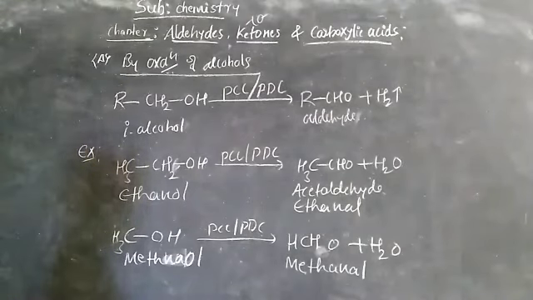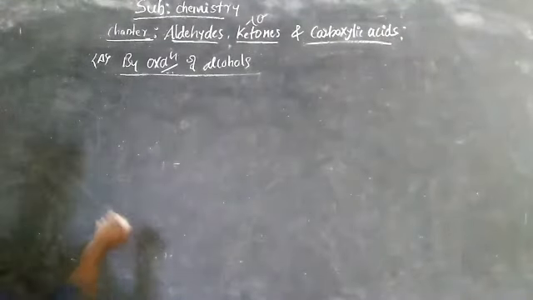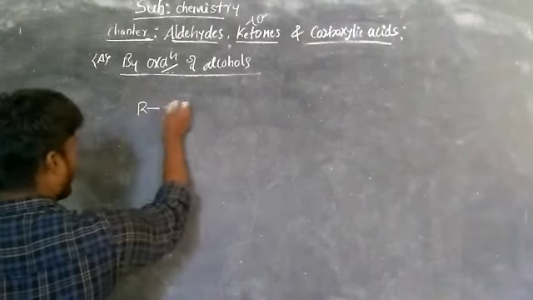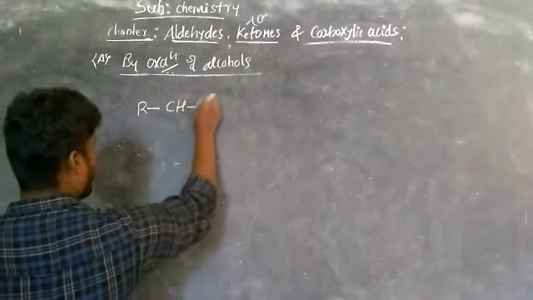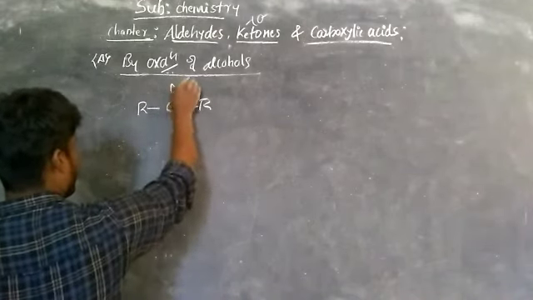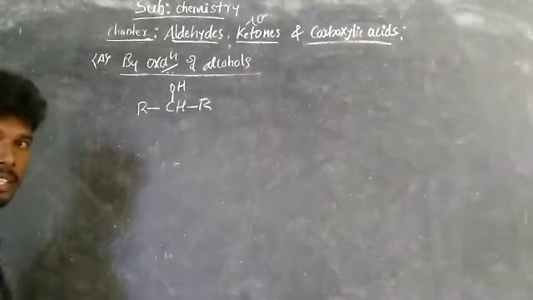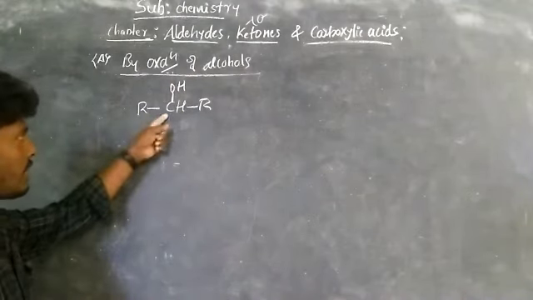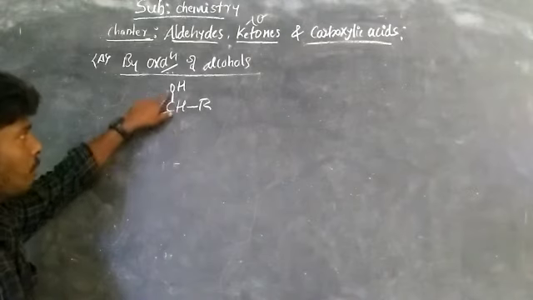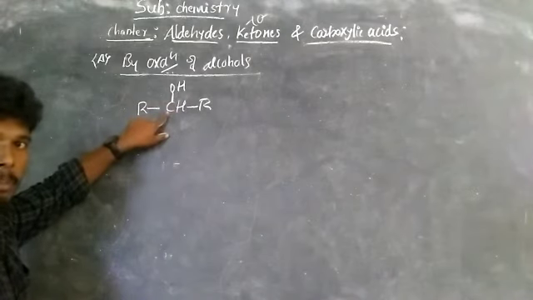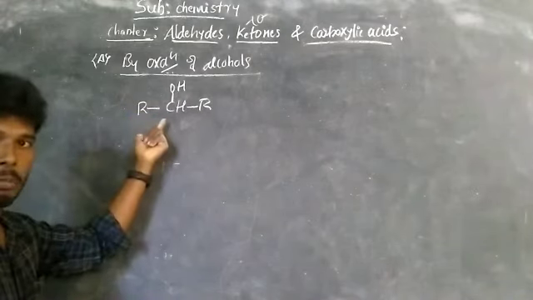Okay, take some examples. The secondary alcohol example, R-CH(OH)-R. This is a secondary alcohol, right? So OH is attached to the secondary carbon, having two alkyl groups.